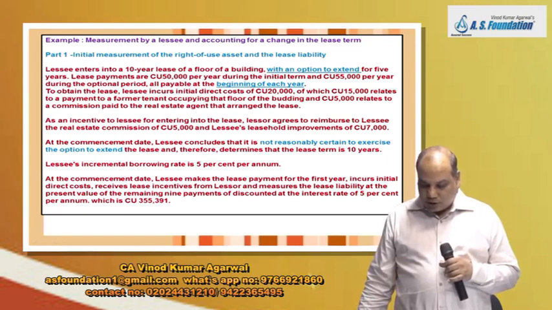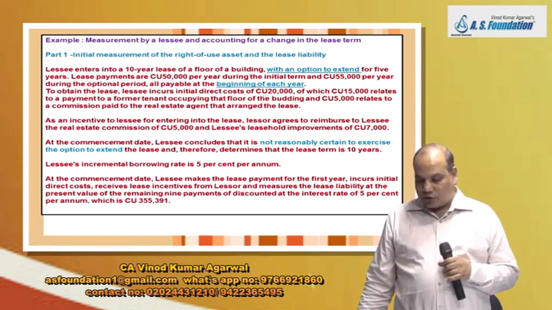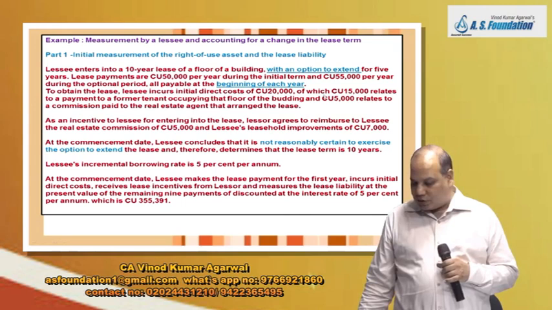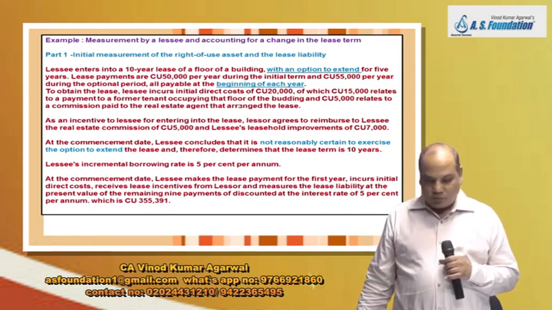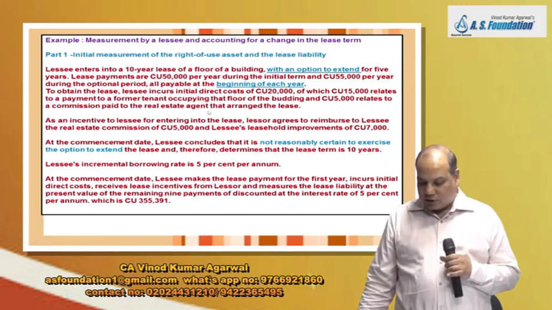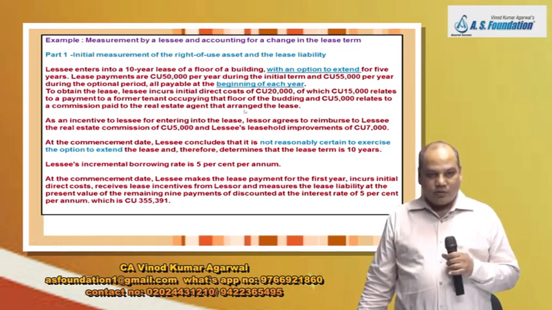Underline. To obtain the lease, lessee incurs initial direct cost of 20,000 currency units. So this is initial direct cost, and the distribution is 15,000 related to a payment to a former tenant occupying that floor of the building, and 5,000 relates to commission paid to the real estate agent that arranged the lease.